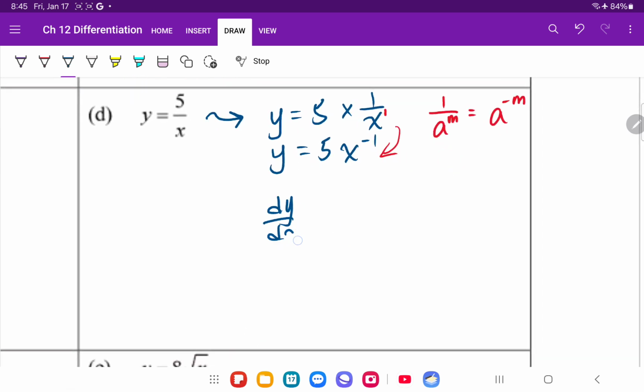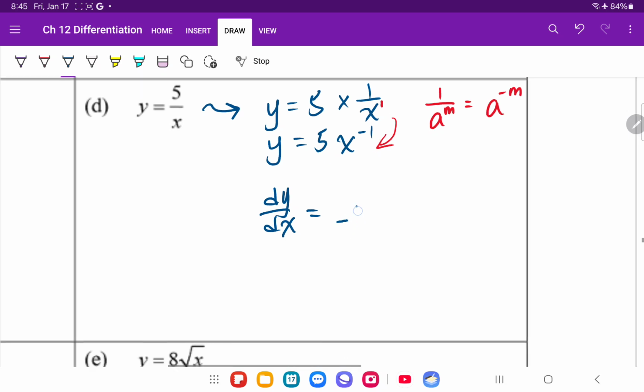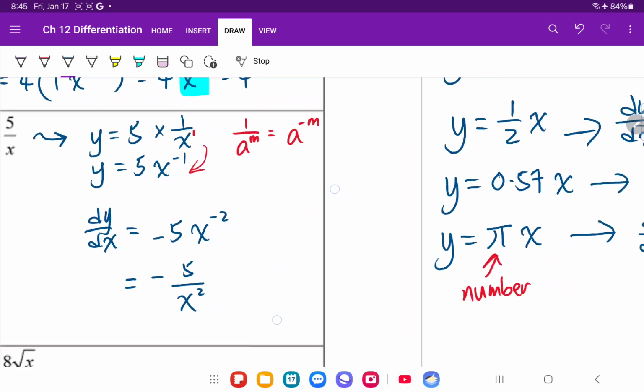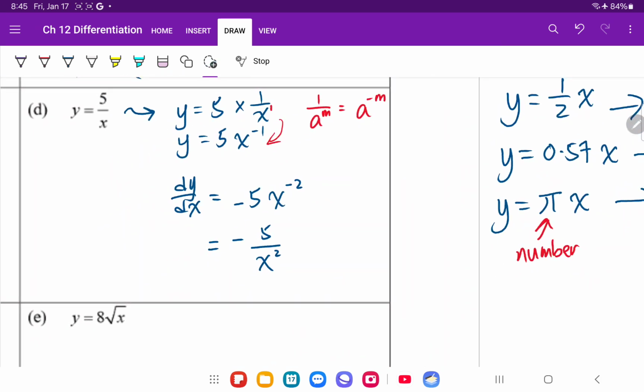The dy/dx equals to, okay, can we get a bit faster already? What is 5 times negative 1? Negative 5. X remains there. What is negative 1 minus 1? It should be negative 2. And the answer is negative 5 out of x squared. Now if this is too fast for you, you can do it the longer way.